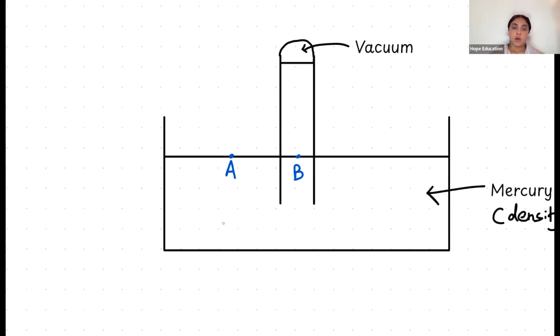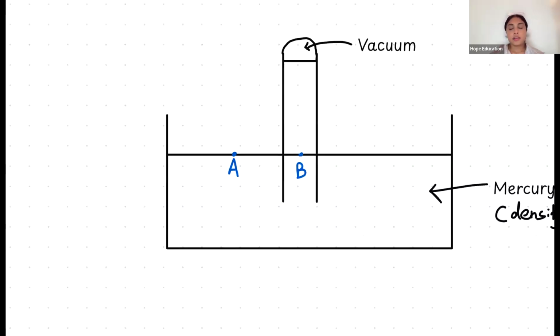So what can you say about the pressure at point A and point B? Does point A have a higher pressure, or point B, or do they have equal pressures? Which point has a higher pressure when you consider A and B?